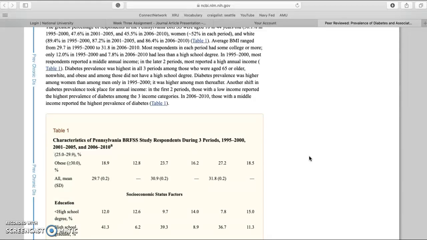It was about 50.1%, and then '01 to 2005 was 47.6, and then '06 to 2010, 45.5. So as far as people responding, it declined over the years. But in women, it was a consistent annual percentage of about 52%.